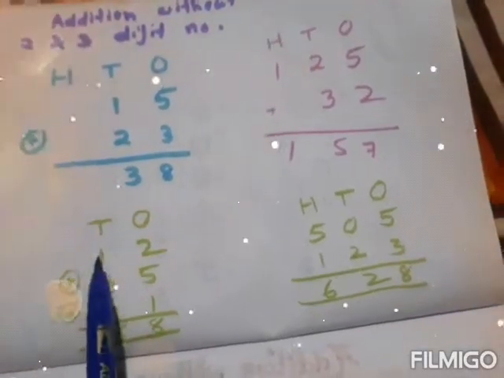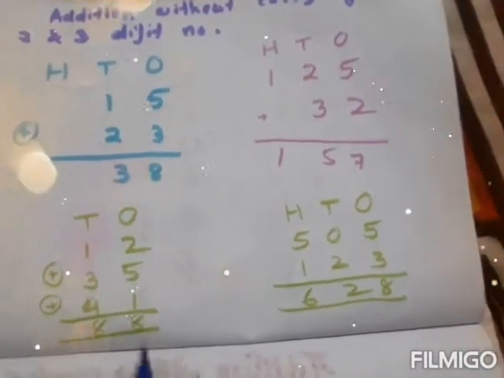To know more, I am giving you another example. Suppose you are given three 2-digit numbers: 12, 35 and 41. As these are three 2-digit numbers, I will arrange them like this.